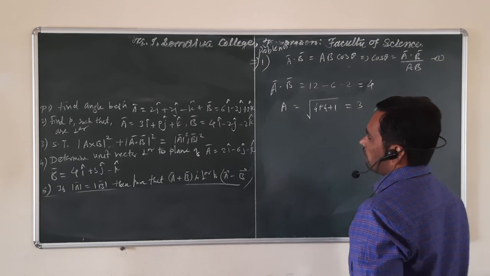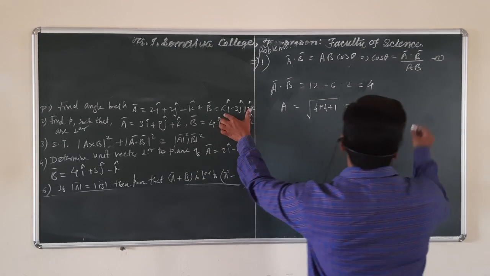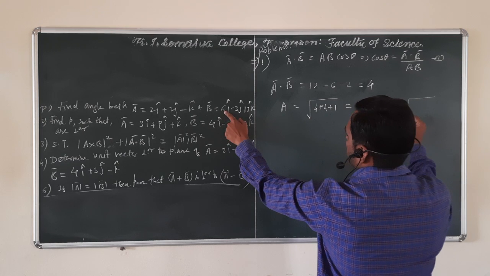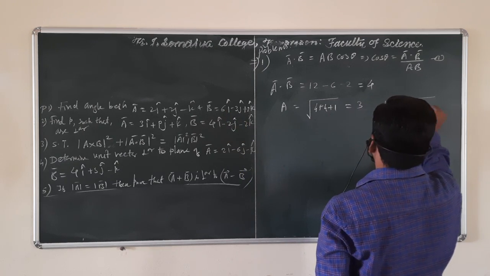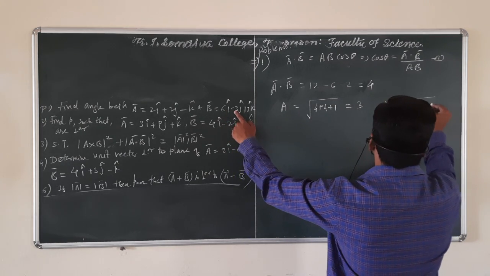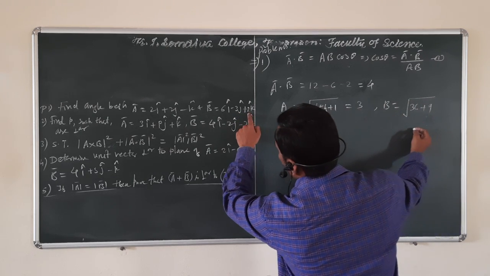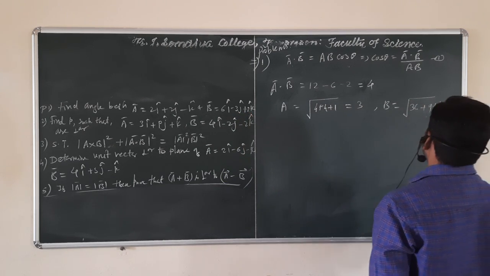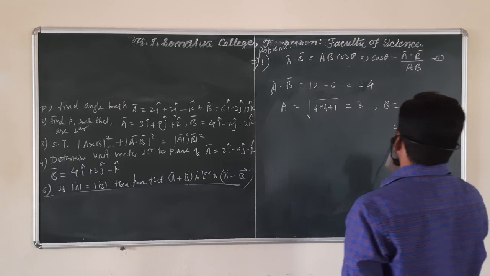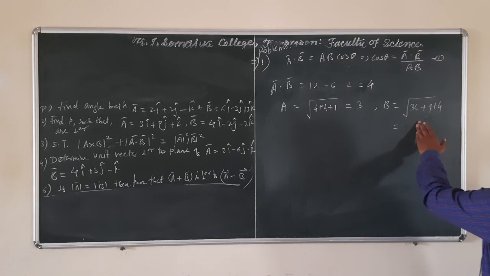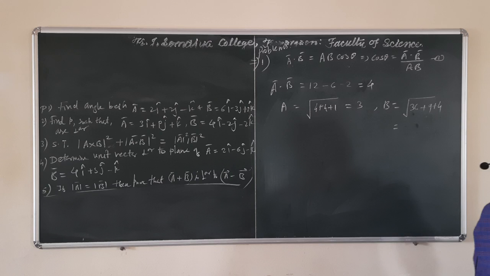And magnitude of vector B is square root of square of 6, which is 36, plus square of minus 3, which is 9, plus here we have 2, which is 4. Okay, so this is equal to 49, which is 7.